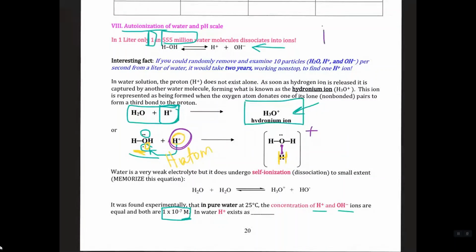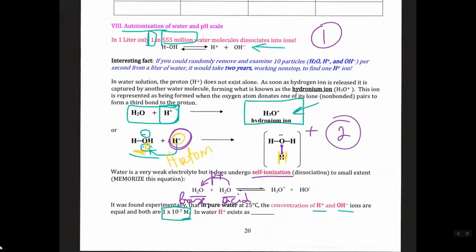Now we can summarize those two reactions, reaction 1 and reaction 2, in what's called self-ionization of water. We have two water molecules, and one of them, let's say this one, gives a proton to another one. So it's going to act as an acid, right? So it's going to give away a proton. And another one is going to act as a base, because the definition of a base is that it accepts a proton.